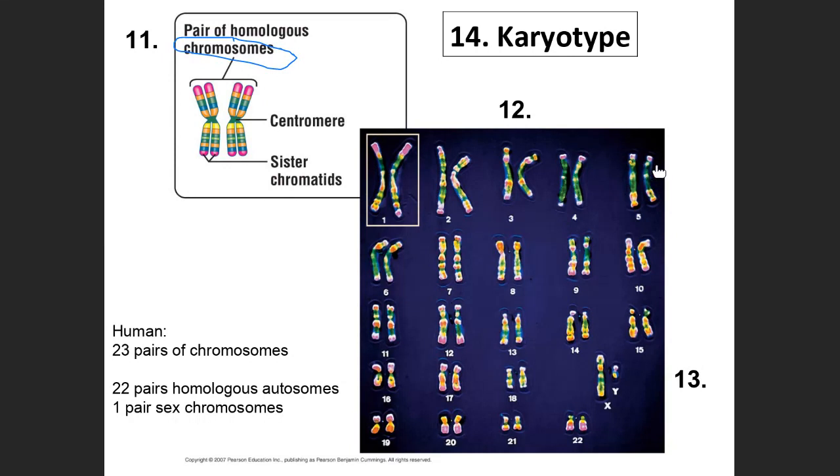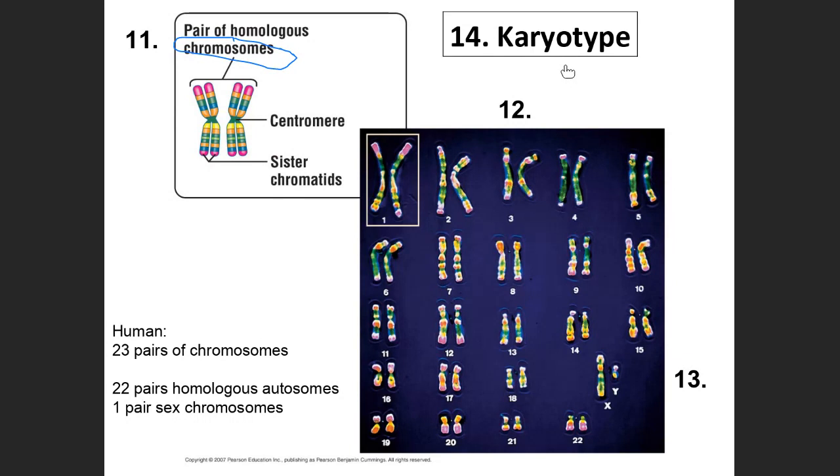Now, I didn't look up the history of who first did this. But they did realize that when they extract the DNA from a diploid cell at the right time of cell division, say from a white blood cell, they can actually assemble a really nice map.